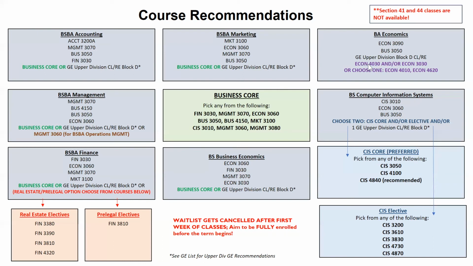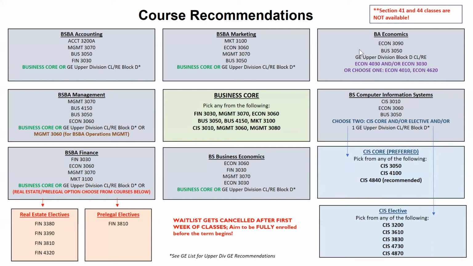You can take Econ 4030 and or Econ 3030. So if you decide to do both, everything fits in your schedule, that's fine. That's your 5 classes, or you can choose one of these. So for now, just take Econ 4010 or Econ 4620 for a total of 5 courses.